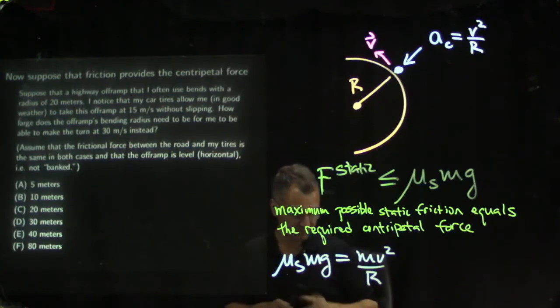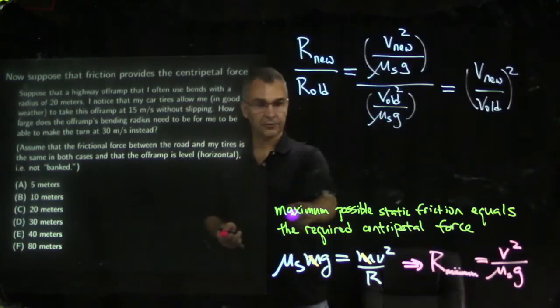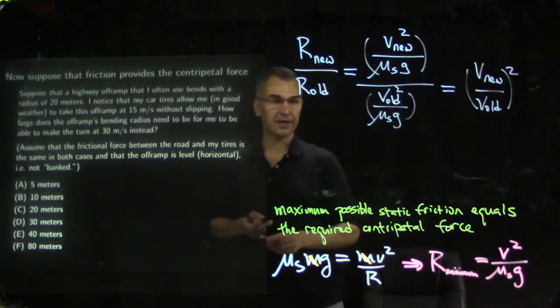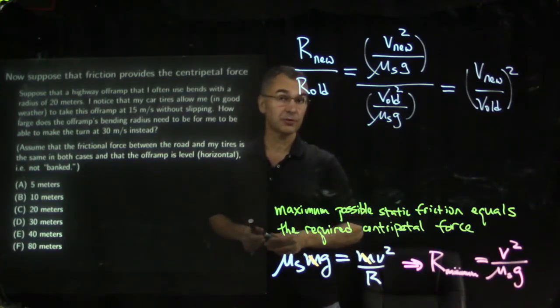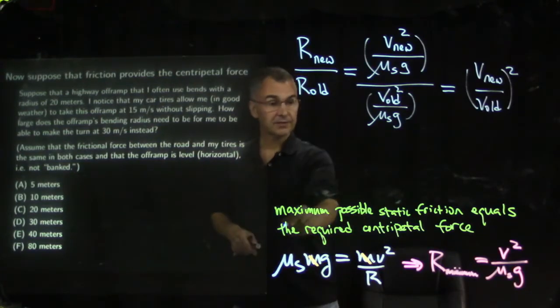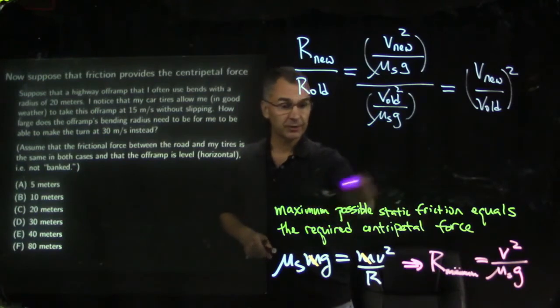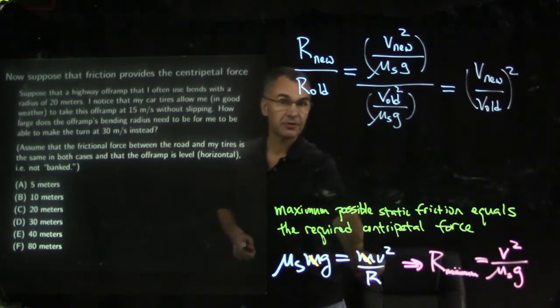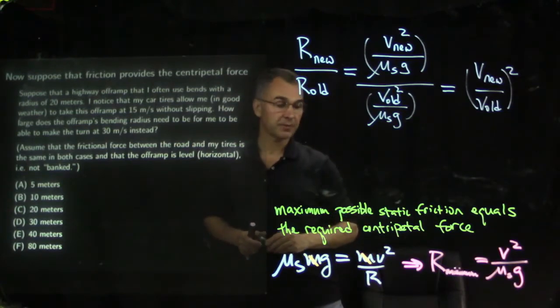Well, it seems like the mass cancels out. So arguing that the maximum possible static friction, which is where F static equals mu static times the normal force, and the normal force is just mg for a flat road, then if that static friction equals the required centripetal force, we get mu static mg equals mv squared over r, where r is the bending radius of the road.